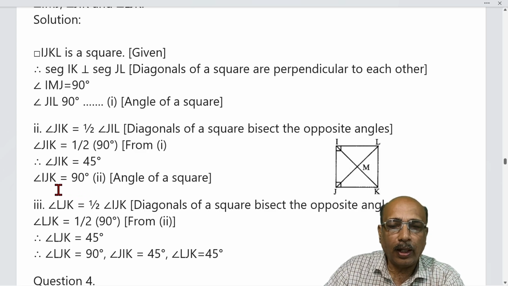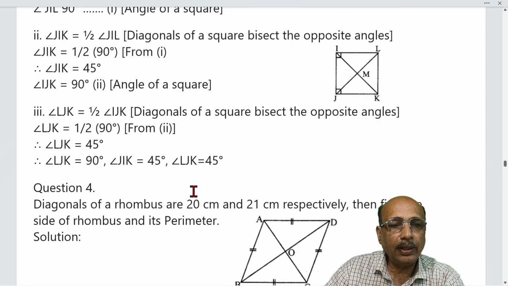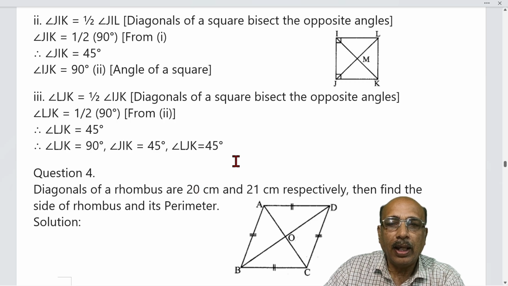Angle IJK equals 90 degrees, an angle of a square. Next, LJK equals half of angle IJK.